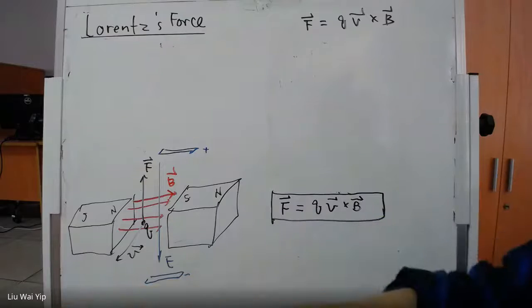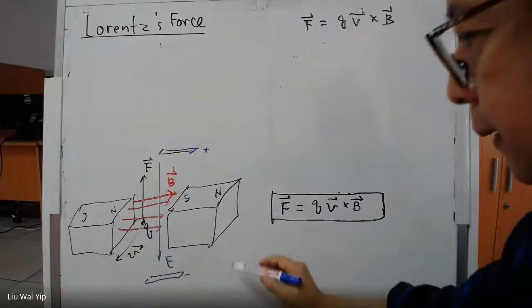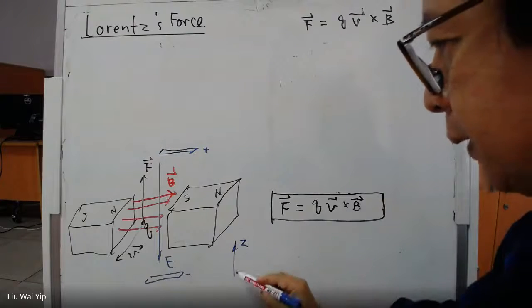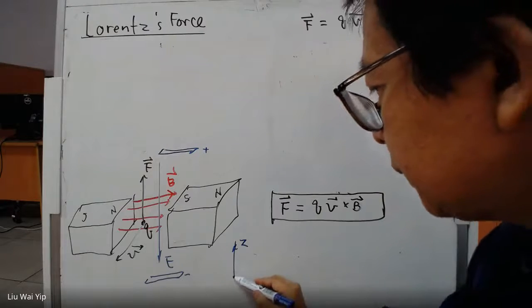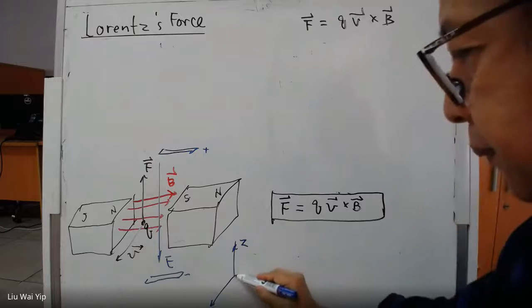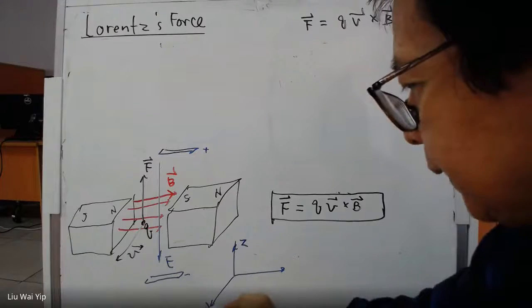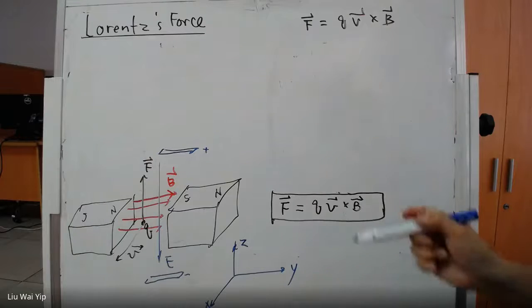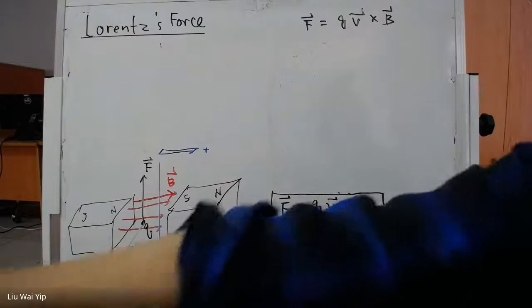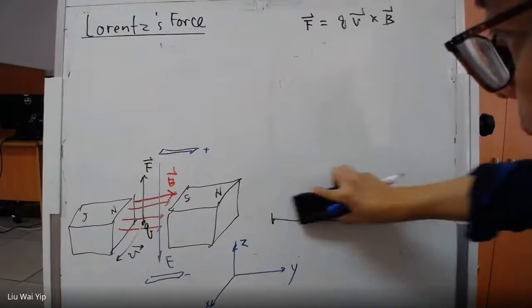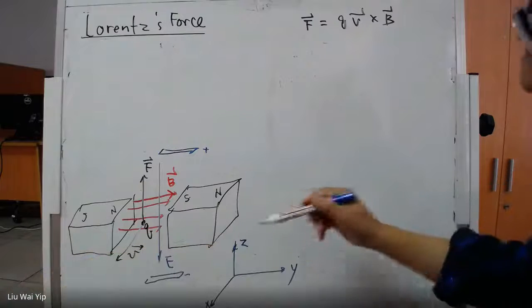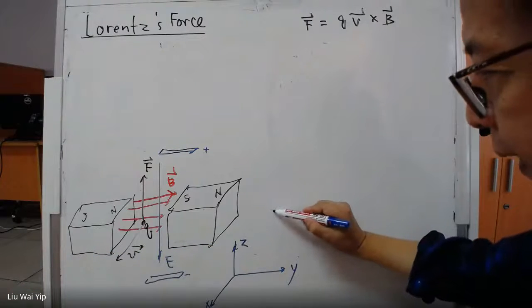And again, in this three-dimensional case, the z direction is in the vertical axis, x and y. Now, suppose you are now looking at the experimental setup from the right side. So this is your eye.